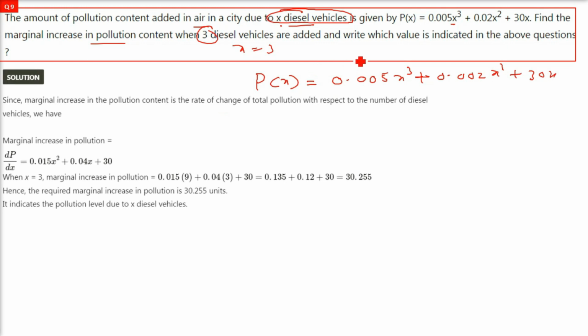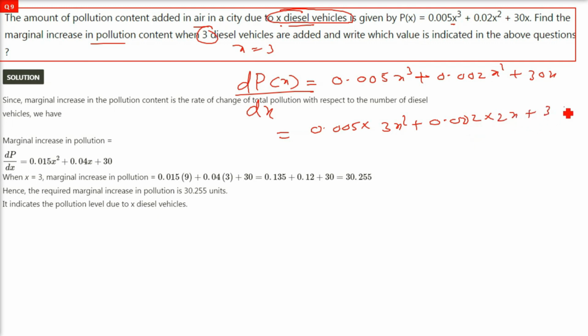There is nothing in the question mainly, but the content being given, you have to make an imagination out of it. An increase in the number of vehicles will increase the pollution. A decrease of the vehicles will be a decrement in the pollution. So dp by dx we have to find out. Just differentiate this. x cube will be 3x square, x square will be 2x, and the x will be 1.